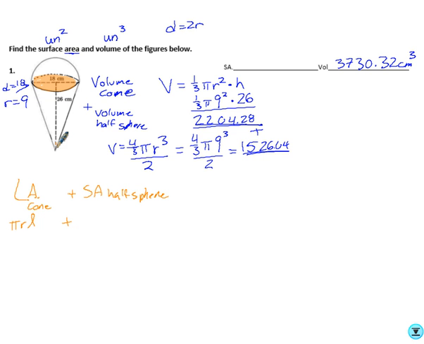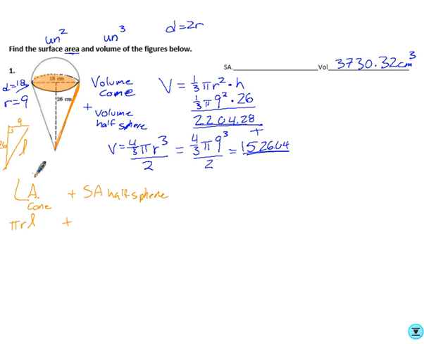The slant height of a figure is this piece right here, which we don't actually know. But what we do know is if I take a sliver out of that cone and I want to solve for that slant height, I know that the height here is 26, and I knew that this radius here was 9. And so we are going to use the Pythagorean theorem to solve for the slant height.